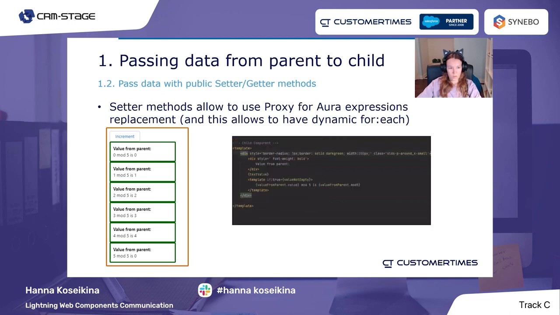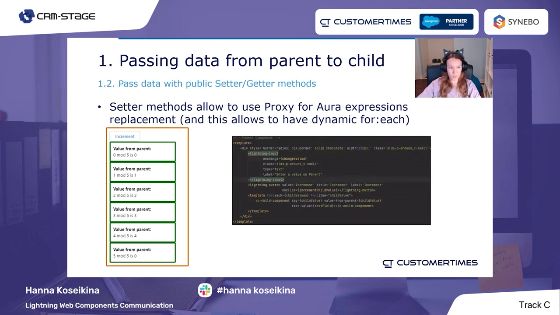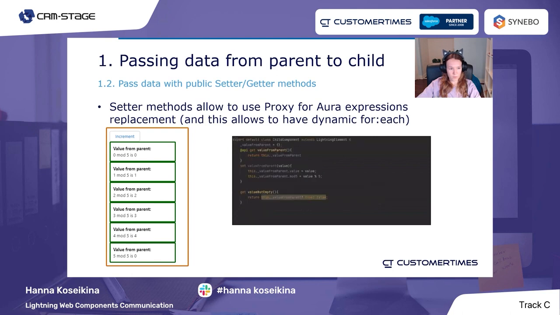And I have also in a child field which is called mod5, which shows mod5 for the value. And it's dynamically calculated in a setter, so that when child component accepts some value, it also makes mod5 of this value. And this allows us to show dynamically our child components with value with mod5, and it looks fine.